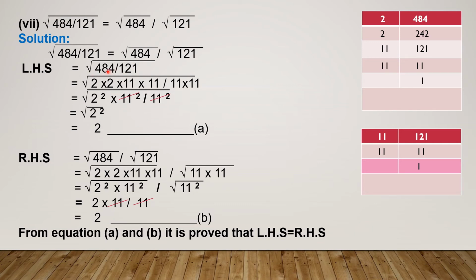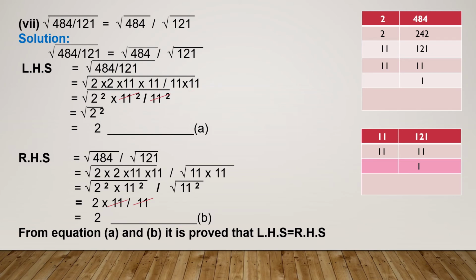What we have to do, simply in this fraction form write factors of 484 that we have found over here, and similarly instead of 121 we will write factors of 121 that we have found over here with sign of division. 484 factors, 2 multiplied by 2 multiplied by 11 multiplied by 11, divided by 11 multiplied by 11, and square root is on all of these factors.